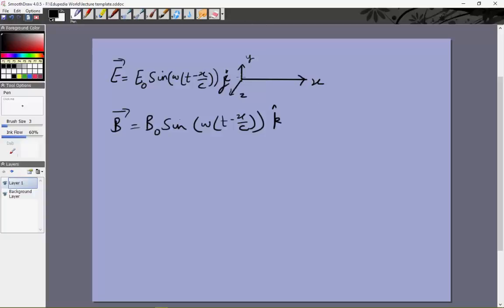So electric and magnetic field are perpendicular to each other, and we have this 90-degree angle between them, which means the magnetic field has to point in the z direction, right? So a few simple points here: E is perpendicular to i hat, i hat is the direction of propagation, B is perpendicular to i hat, and E is perpendicular to B.